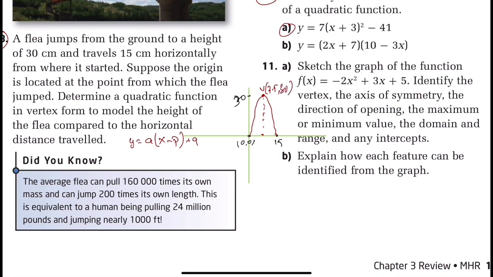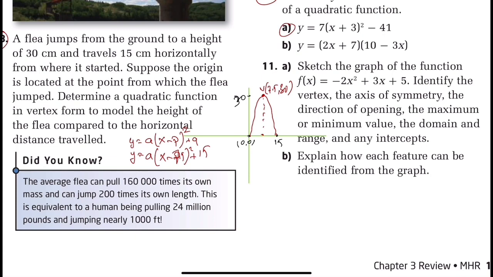So I have my p and my q. I can just write my equation as y = a(x - 7.5)² + 30. I always forget this square. And because it's looking down, I know my a will be negative.